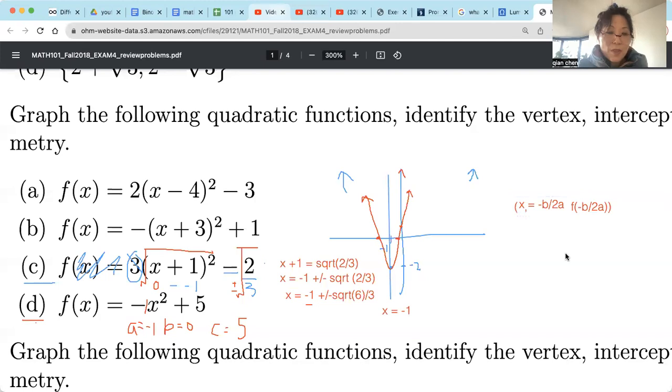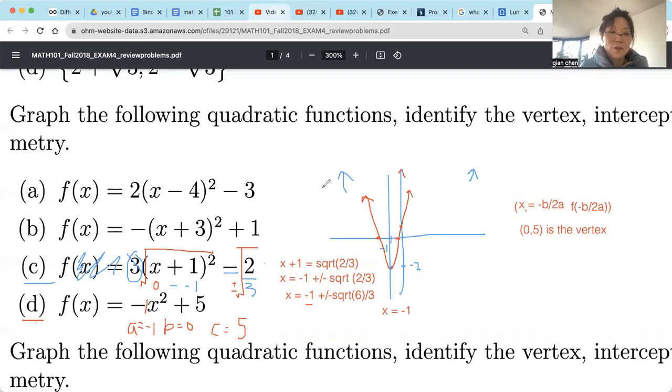So in our case x equals 0. What's f of 0? f of 0 is 5. So 0, 5 is the vertex, and also the y-intercept because it falls on the y-axis.